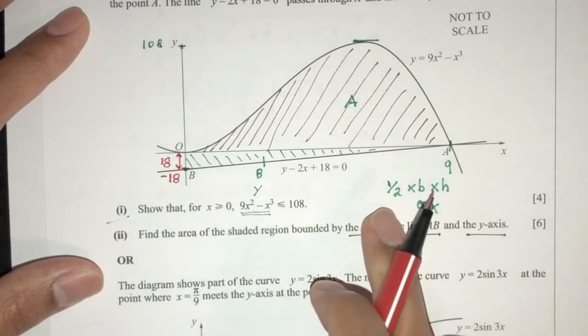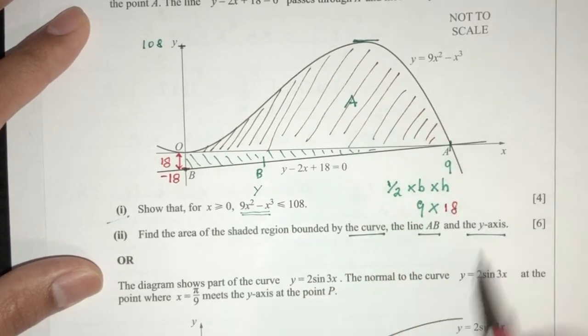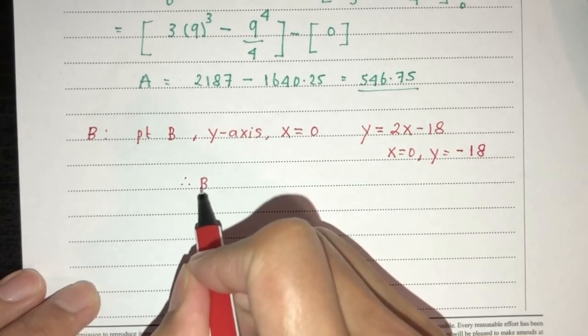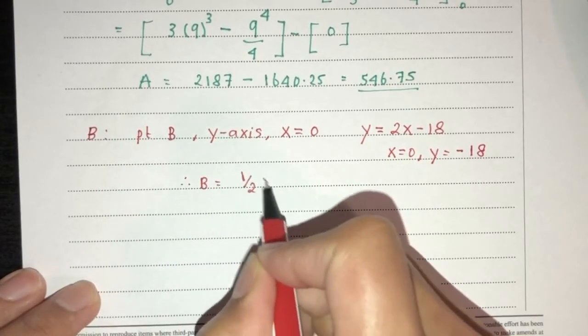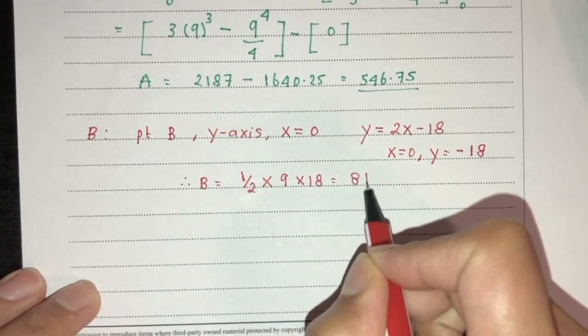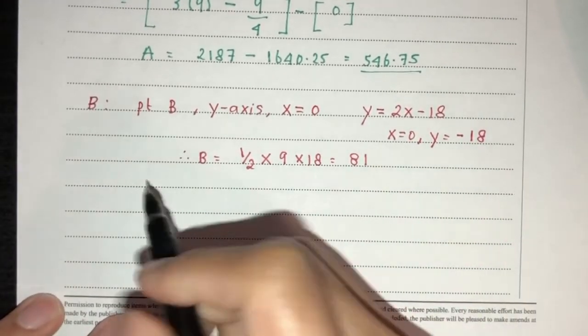So the area of B will be half times 9 times height, which is 18. Let's do that. Area of part B will be area of triangle, half times base times height. That will be 81. So finally, from this you will have area of your region.